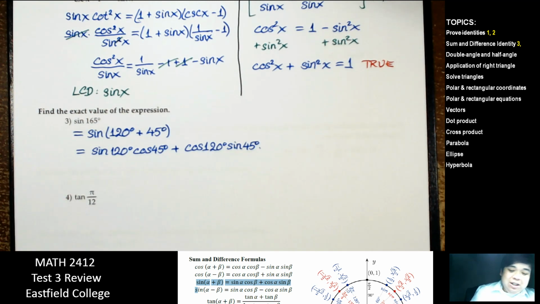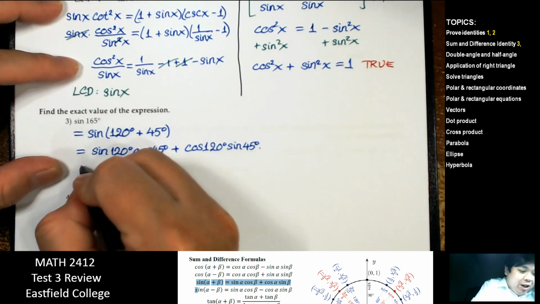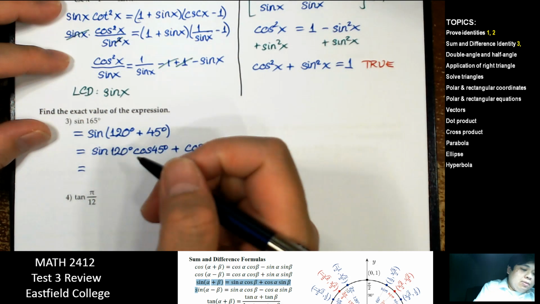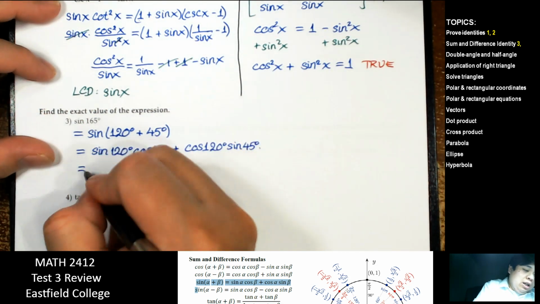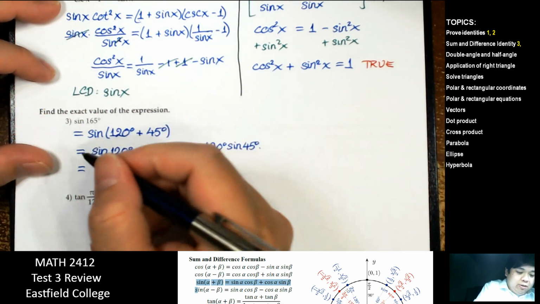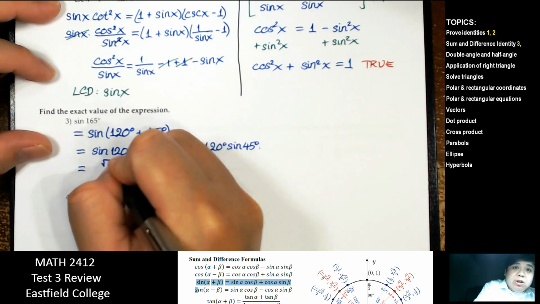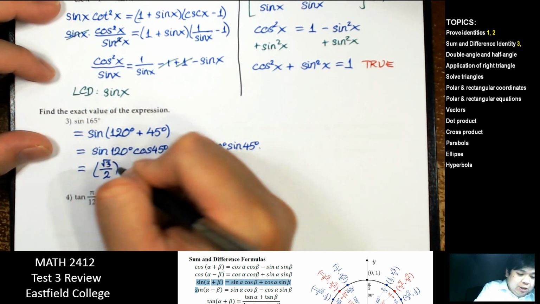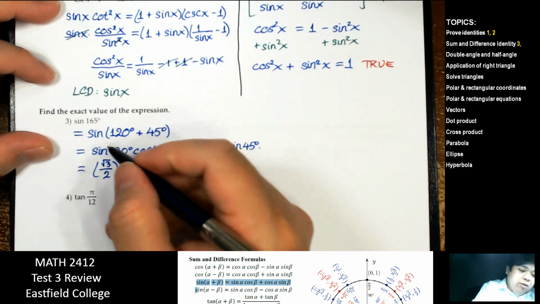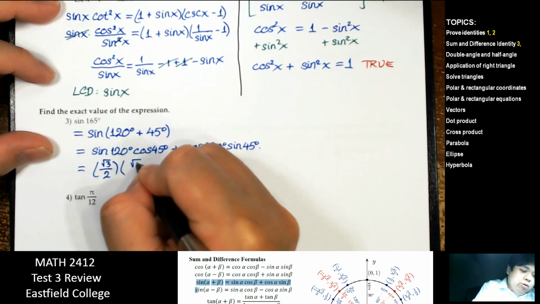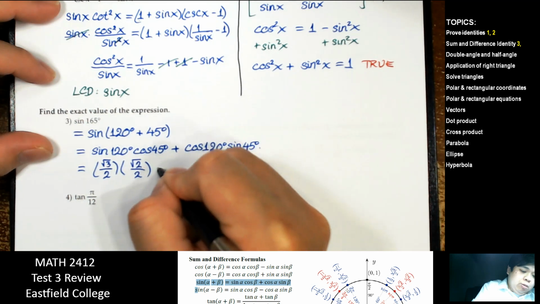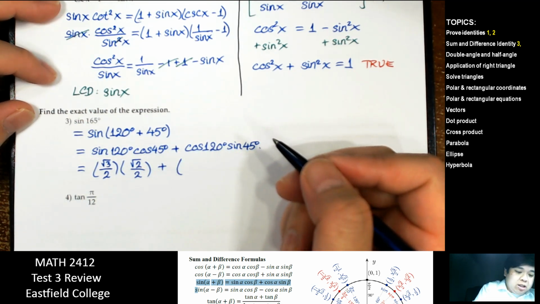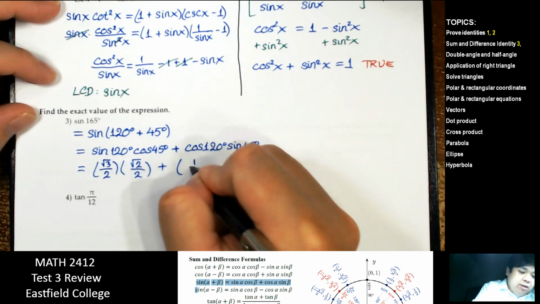So we have that. Anyway, sine of 120, that is a multiple of 60, so it will be positive square root 3 over 2. Cosine 45 is square root 2 over 2, plus cosine 120, that's also a multiple of 60, which is 1/2.